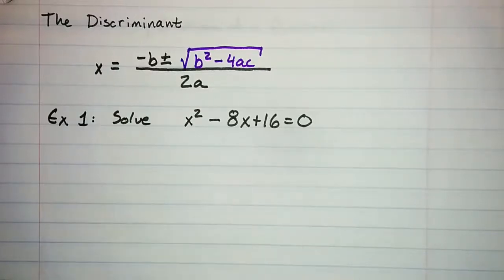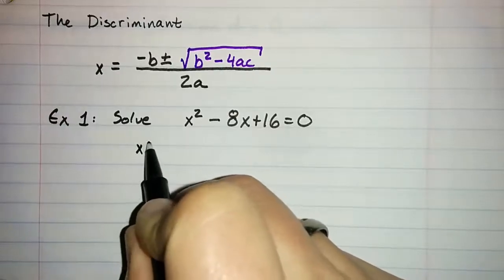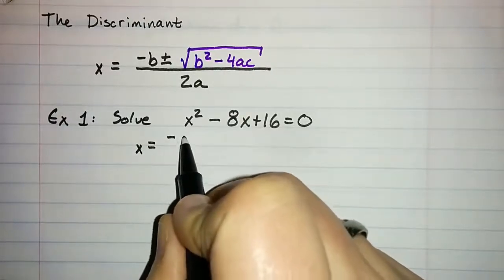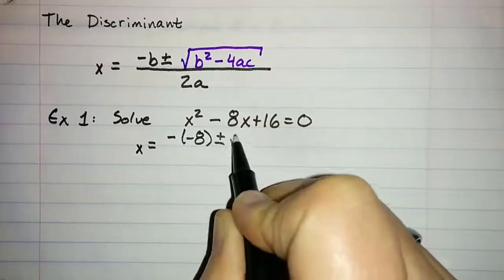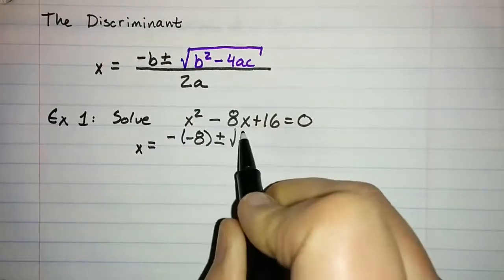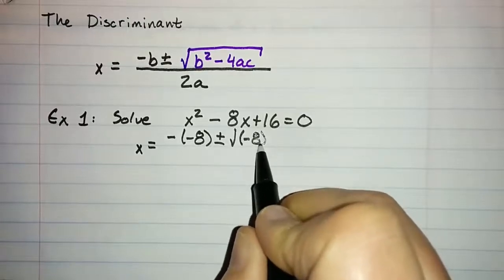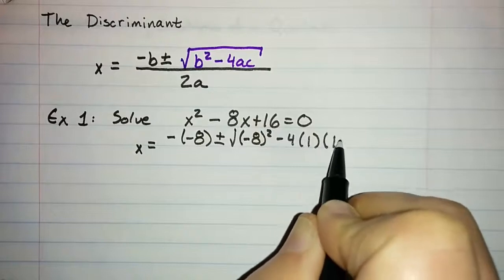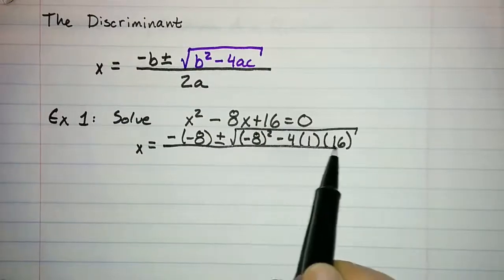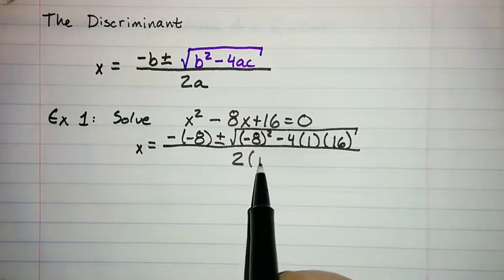What happens? Well, we get x equals negative 8 plus or minus root negative 8 squared minus 4 times 1 times 16 all over 2 times 1.